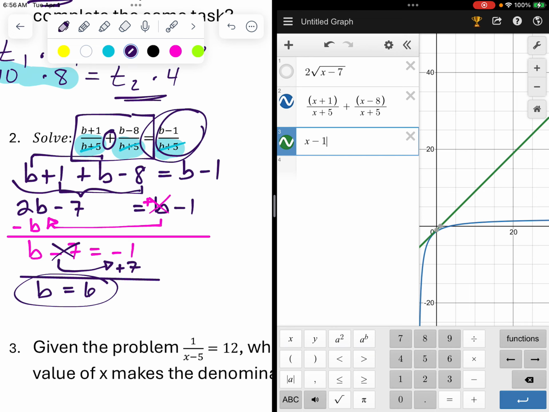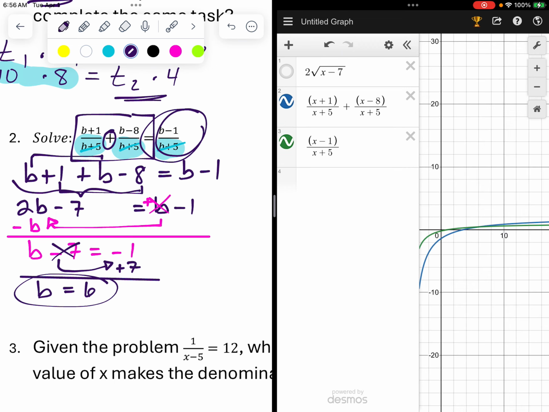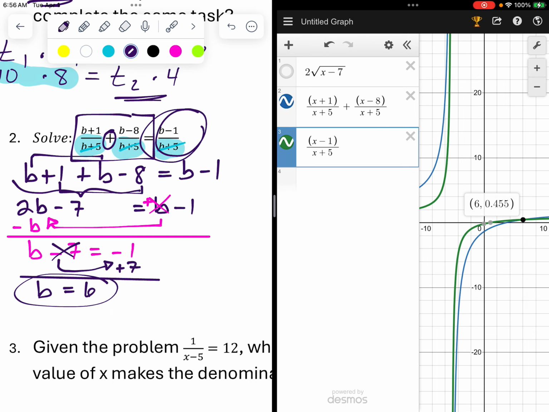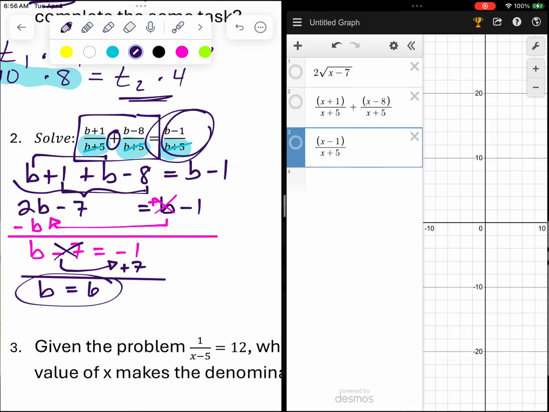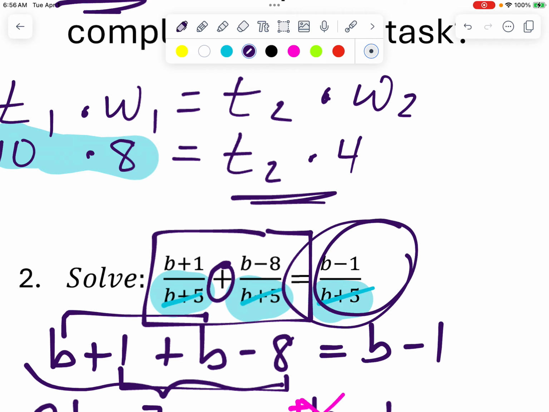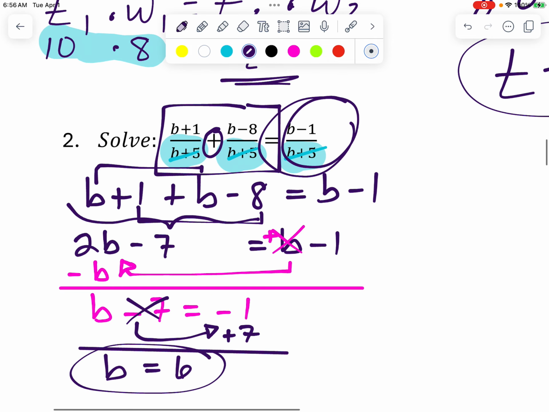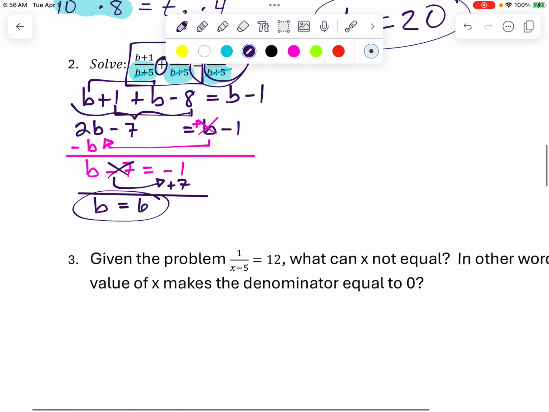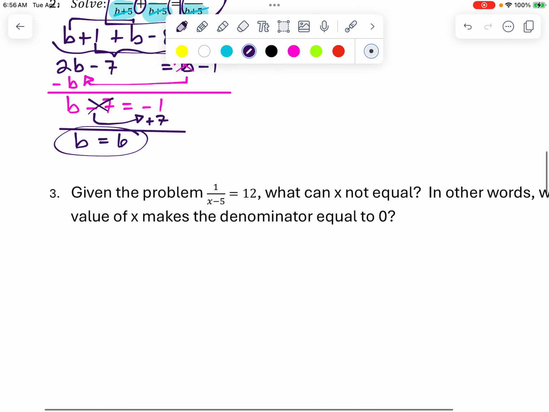So we're going to go x minus 1 divided by x plus 5, and then we are looking for the intersection. So where the 2 lines intersect is right here, and we're only looking for the x coordinate. And if you look right there, you see the x value is 6. So anytime you're solving an equation, you can do the left side in box 1, the right side in box 2, calculate the intersection, and we only need the x value.